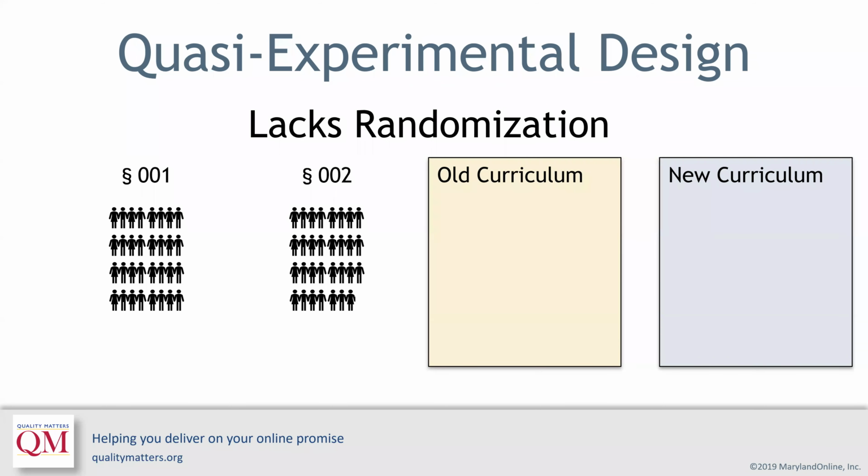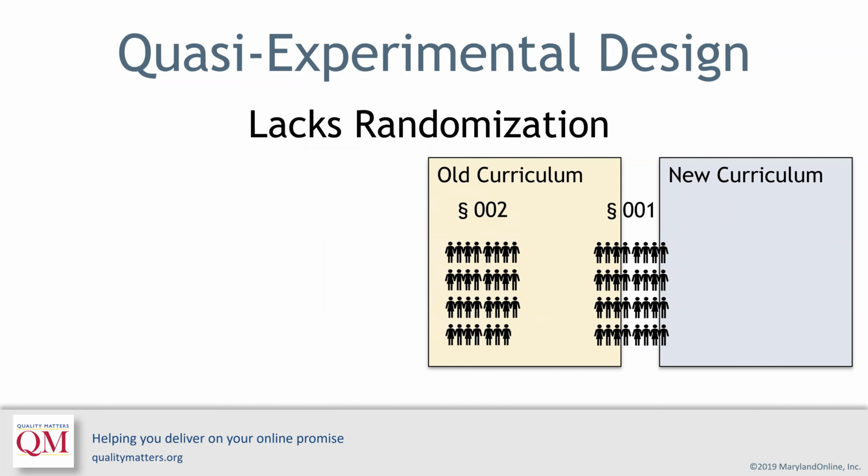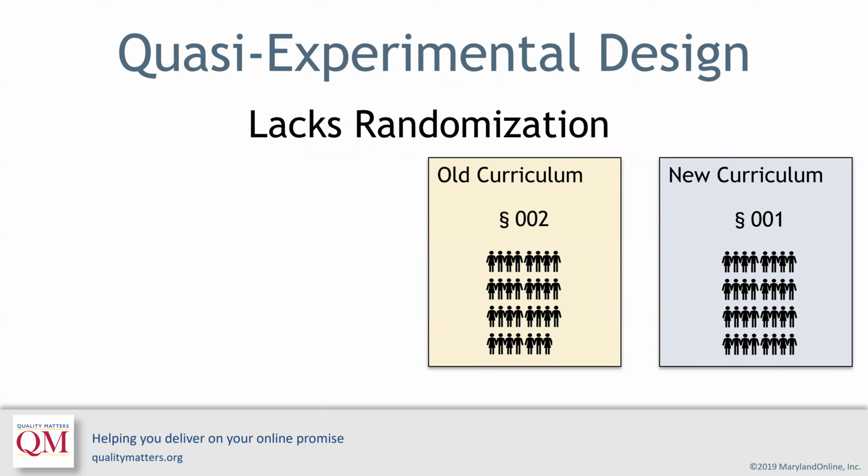And because the curriculum needs to be assigned at the course level, your best option is to assign one section to the old curriculum and the other section to the new curriculum. You could randomly determine which section will get which curriculum, but since the students aren't being randomly assigned to groups, it's still a quasi-experimental design.